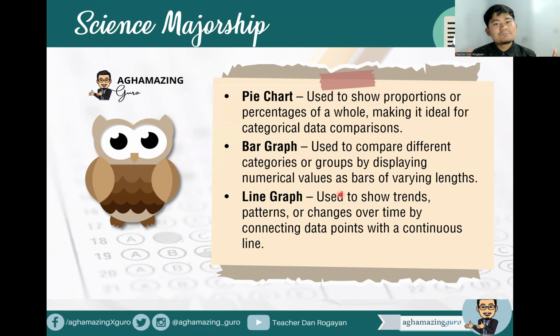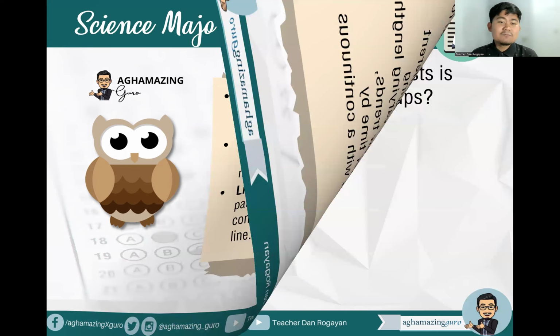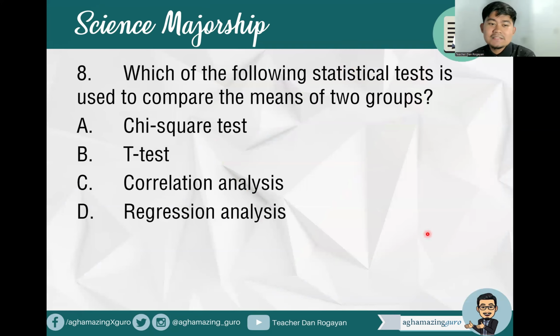Pero kapag walang spaces yung mga bars natin or rectangles in the graph, it's no longer a bar graph but a histogram. At pag tinanong yan sa board exam, histogram is used to show frequency distribution naman. Okay? While line graph is used to show trends, patterns, or changes over time by connecting data points with continuous lines.